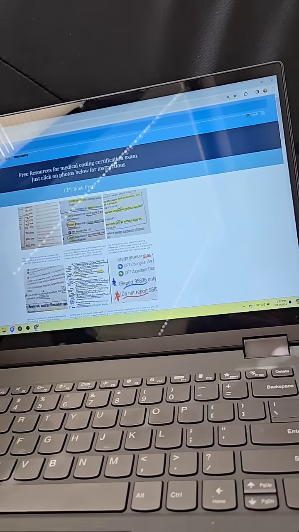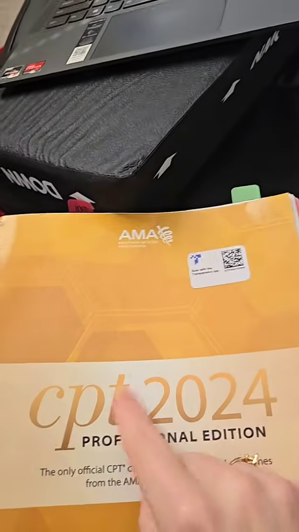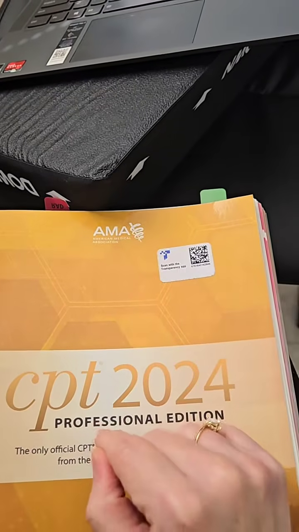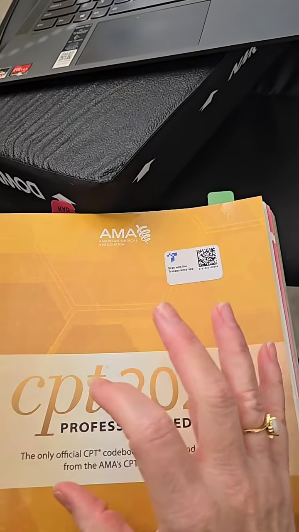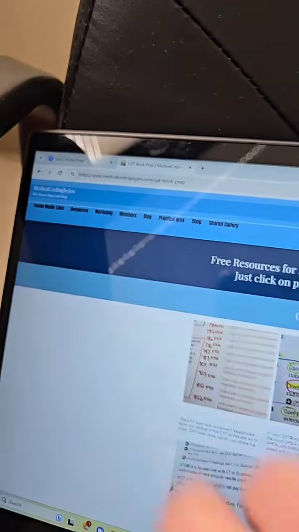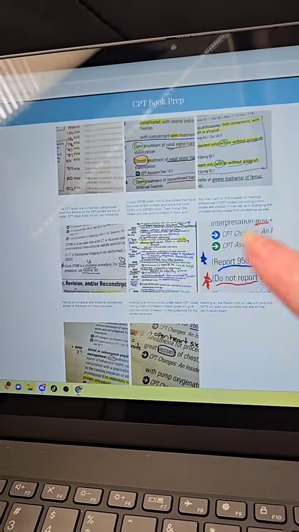What's the first step, Miss Jessica? Is to buy this book. Do a Google search, change it to shopping, and find a bookstore that will send it to you with free shipping. Find it the cheapest way you can. Then you're going to go to my website, medicalcodingbyjen.com. You're going to go to the resource tab, click on each one of these pictures, and do each one of those things.